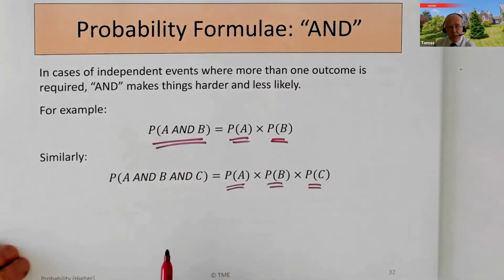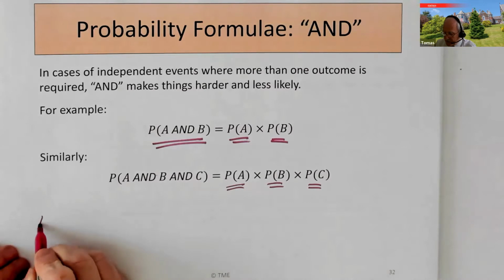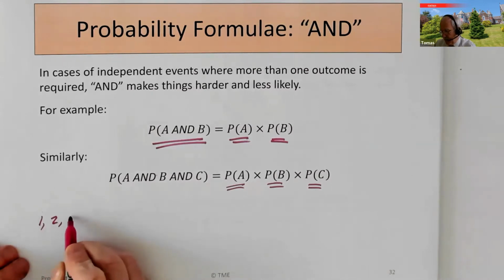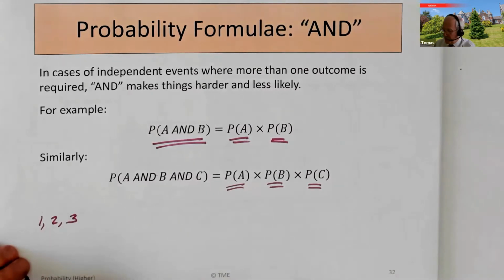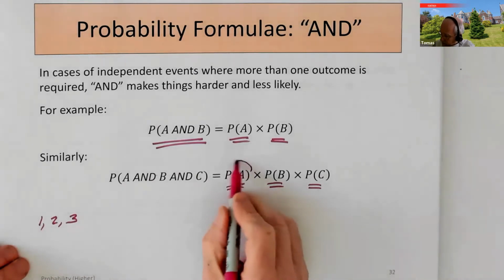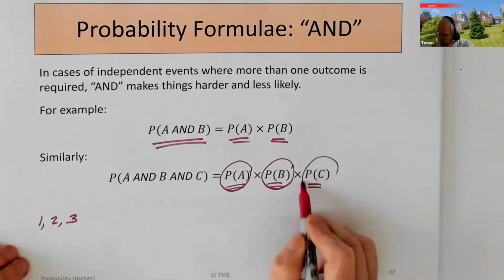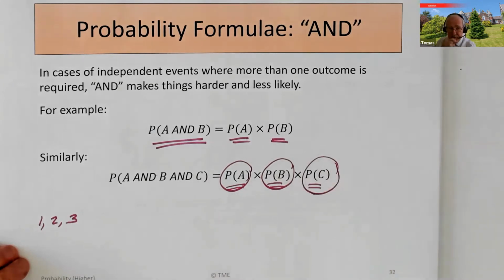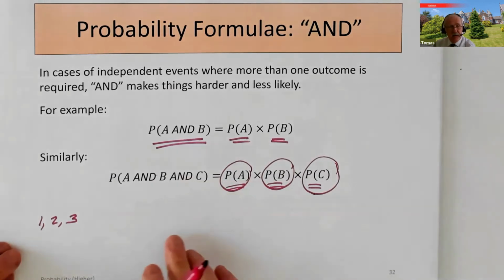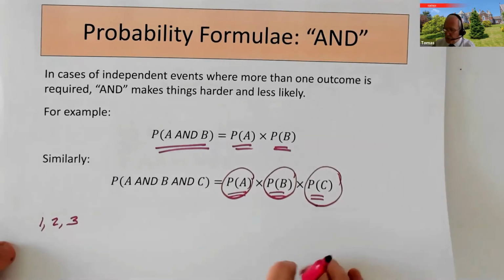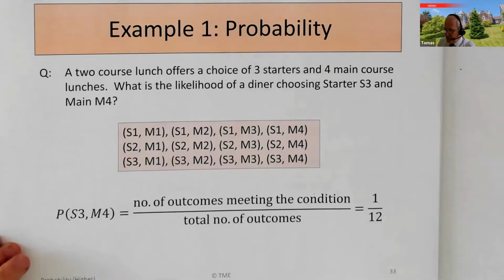So if somebody said, what's the probability that you took starter 1, main 2, and dessert 3? Well, it's the probability that you took starter 1, by the probability that you took main 2, by the probability that you took dessert 3. Because they're independent. It doesn't matter which one you take, having taken the first one.